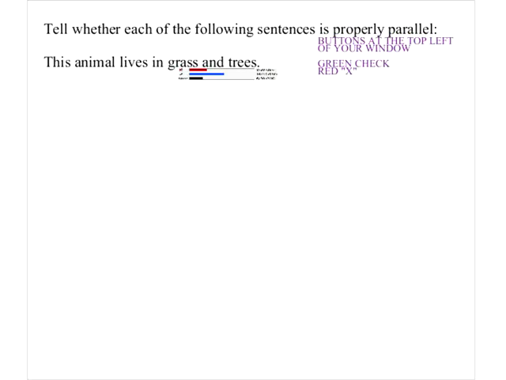All right, here's the next one. I'm going to clear out your responses. Give me a green check if you think that's correct, and a red X if you think that's not correct.